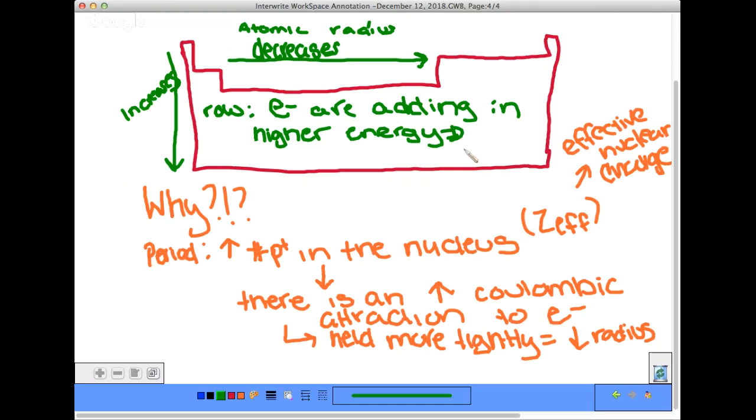These higher energy shells are further away from the nucleus, which means that the atomic radius increases. So we have an increase in the radius. Because those energy shells are further away and those electrons are occupying atomic orbitals that are further away, our radius increases. So that is that problem.